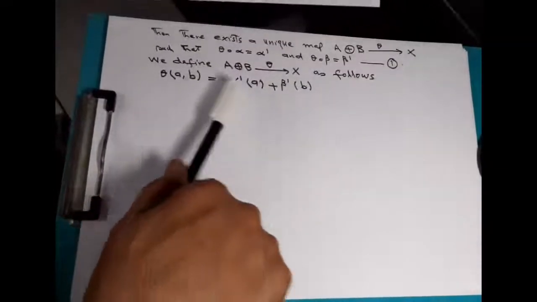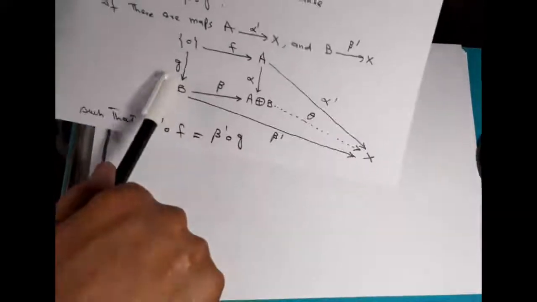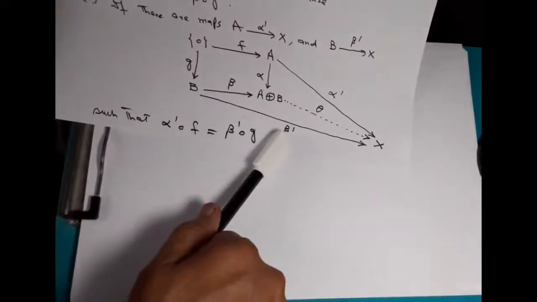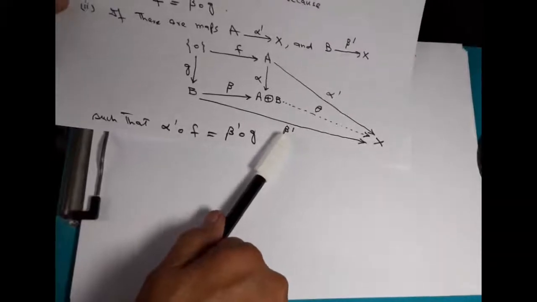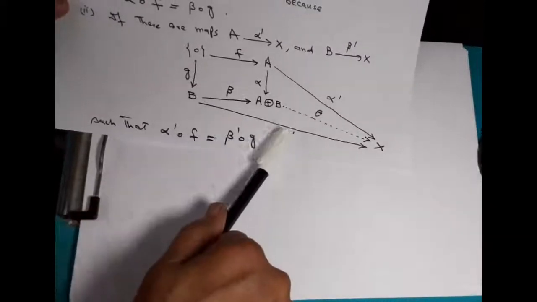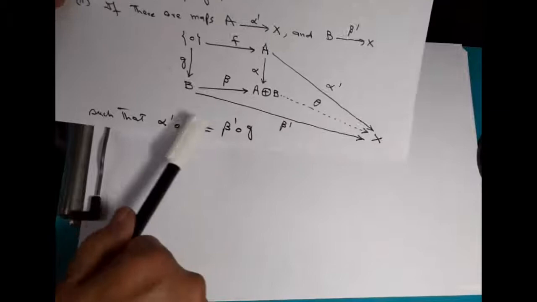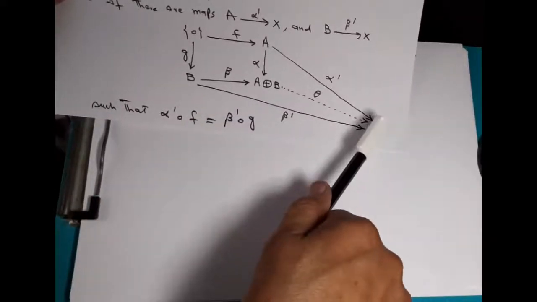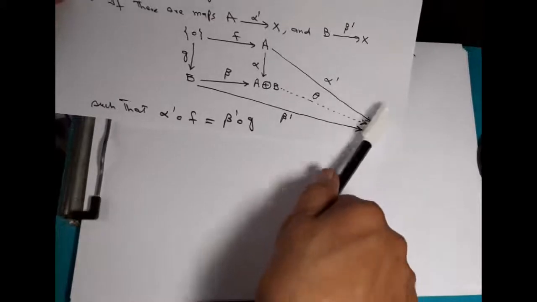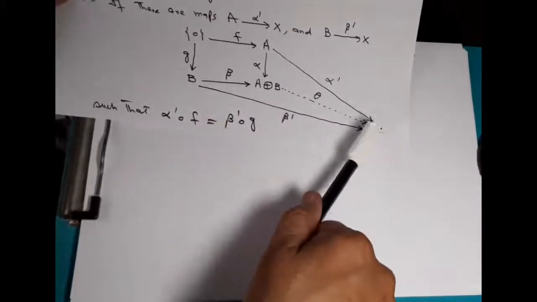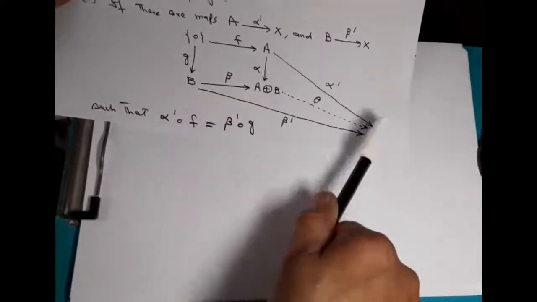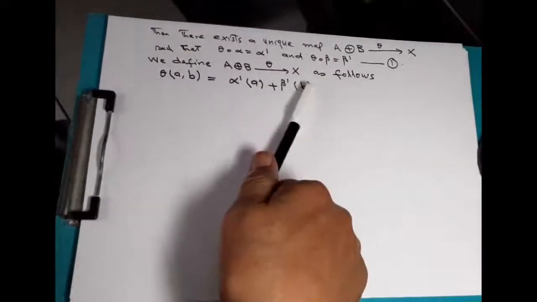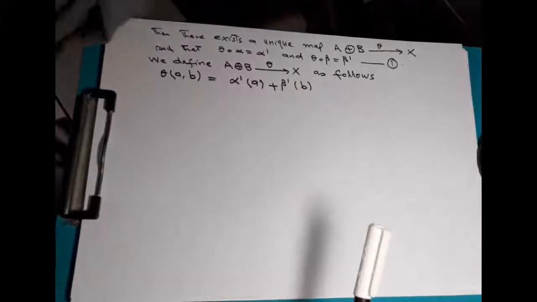And then this element b is an element of the abelian group B, and beta dash has domain B. So take the effect of beta dash on this element b. This will be an element of X. X is an abelian group. Alpha dash of a is in X, beta dash of b is in X. Therefore, we can add these two with each other.